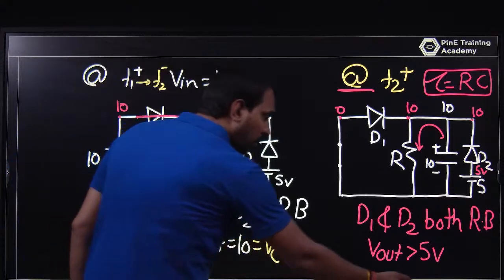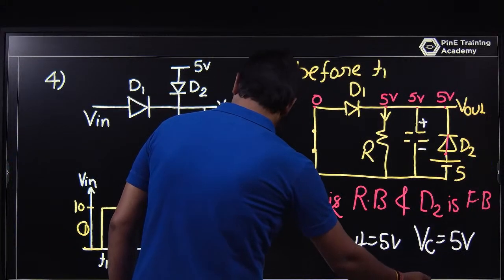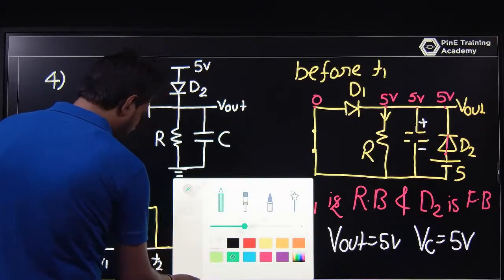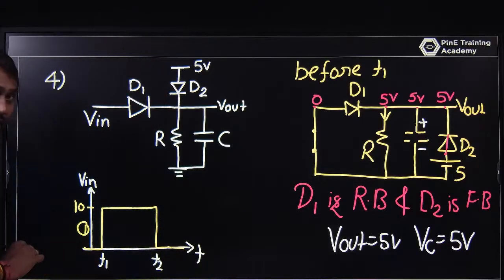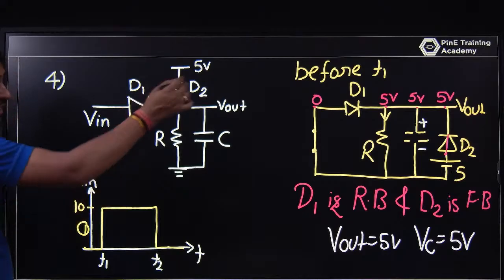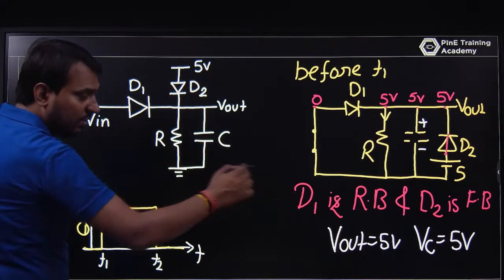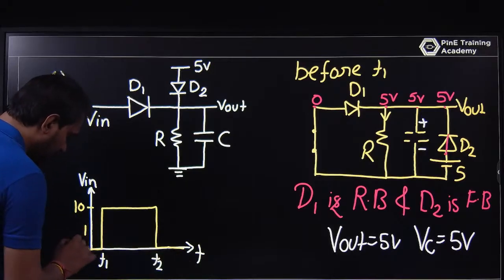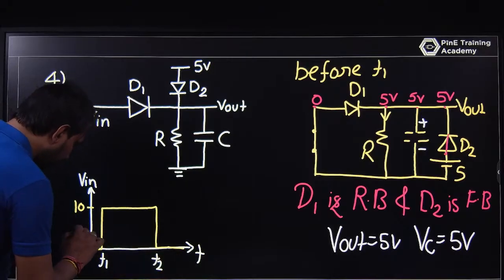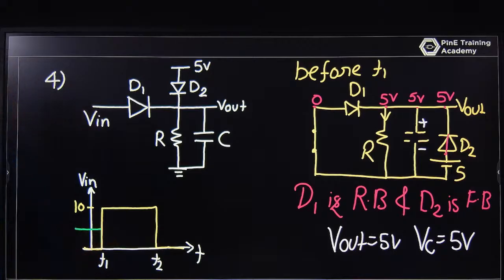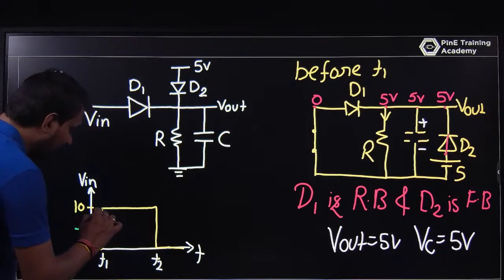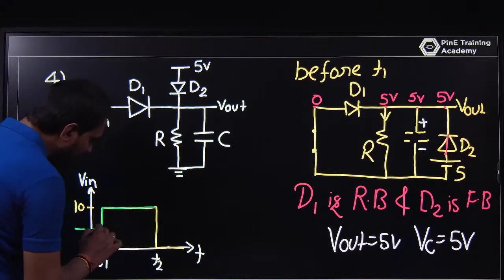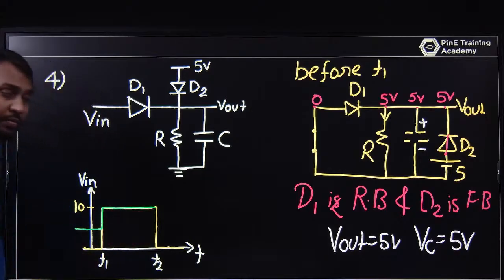So if you are looking at this waveform, before T1, what is the voltage? Before T1, VC is 5 volt, so it starts from 5 volt. At T1 plus, it has a sudden change to 10 volt. It is maintained at 10 volt.